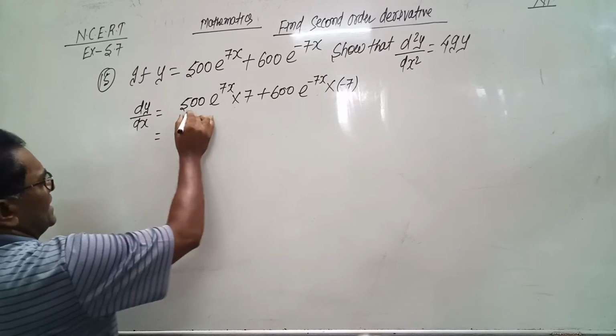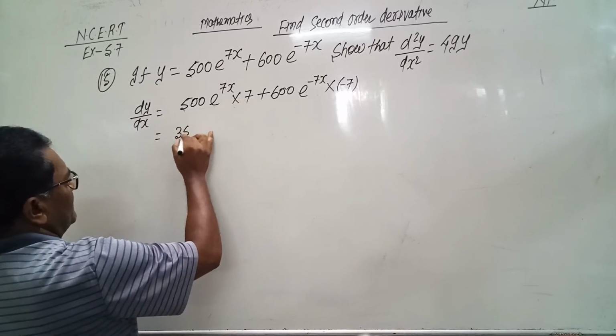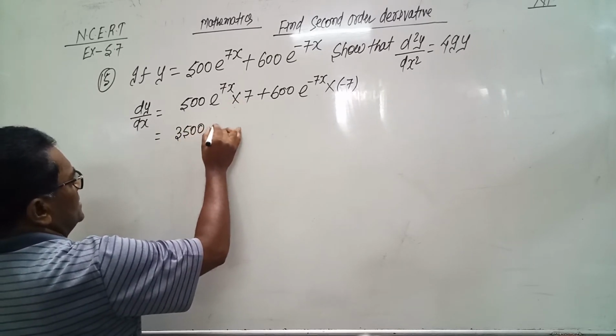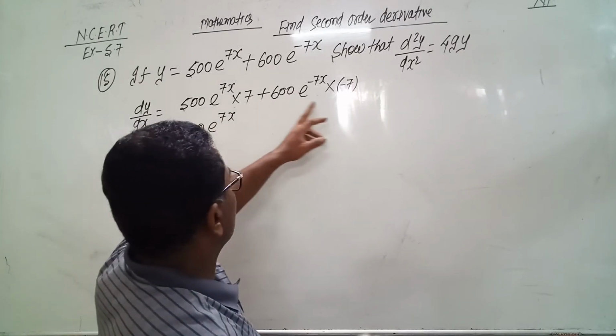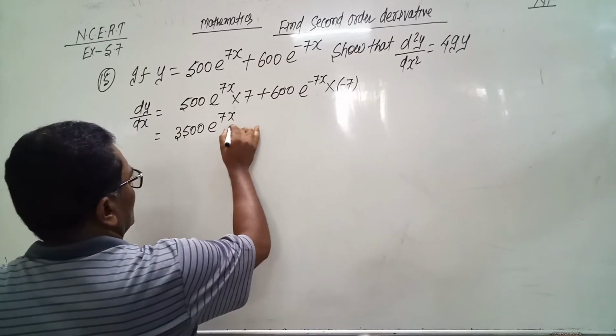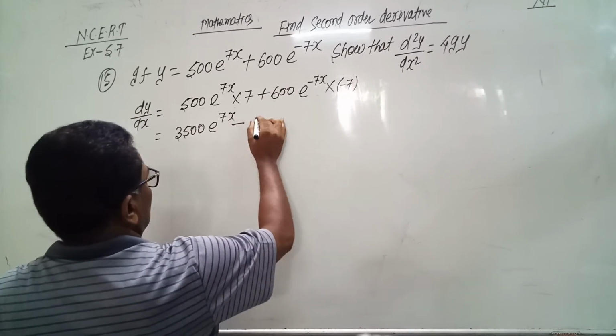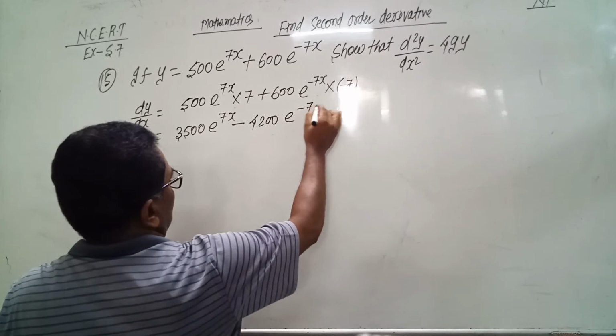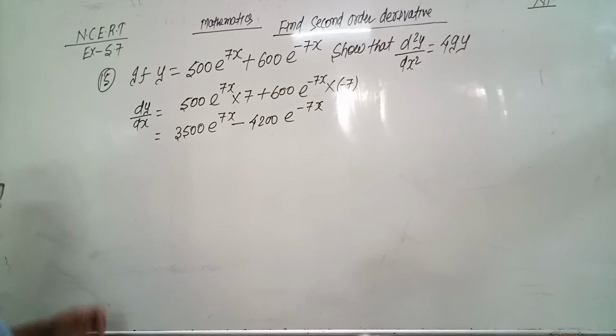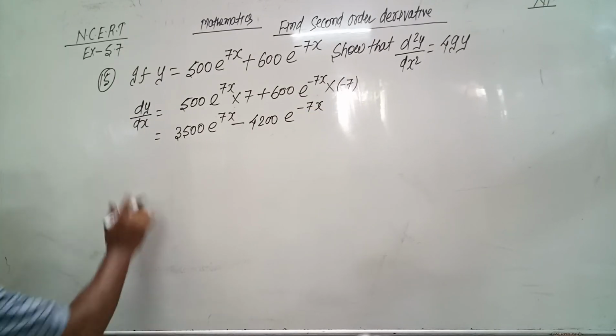So we get 500 into 7, 3500 e raised to the power 7x and plus minus minus 600 into 7, 4200 e raised to the power minus 7x. This is what we get for dy by dx.